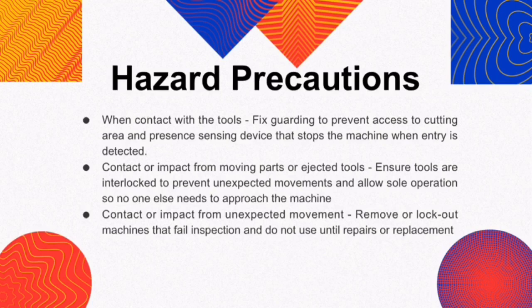The next hazard is contact or impact from unexpected movement. For the precaution, we can remove or lock out machines that fail inspection and not use them until repairs or replacement from the laboratory.